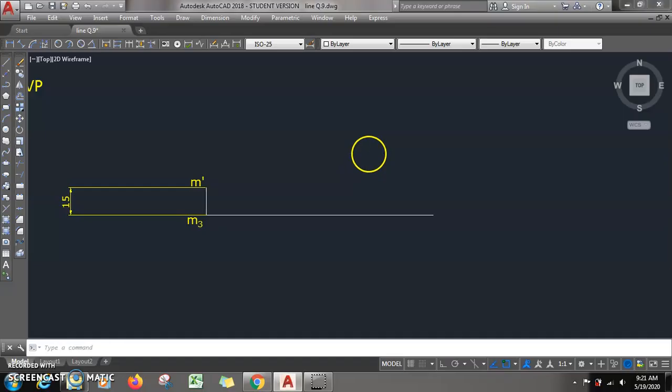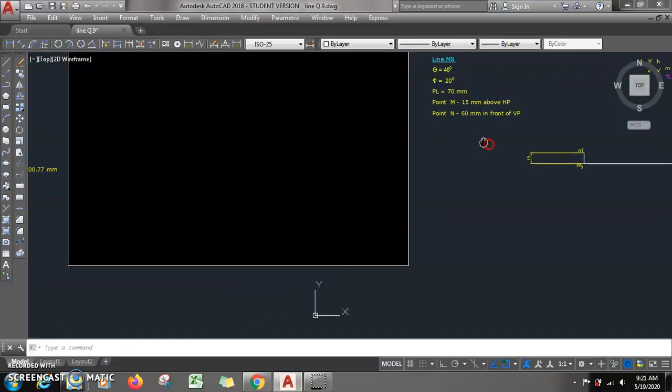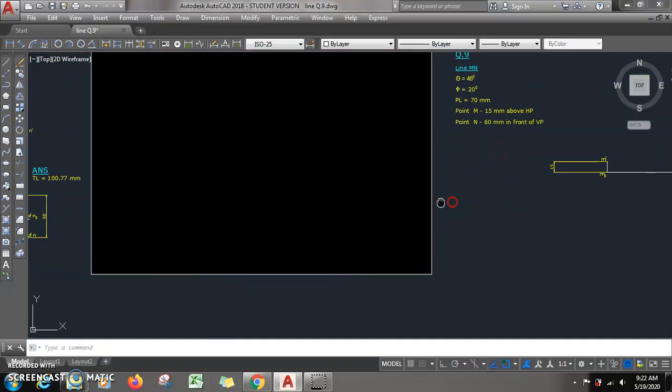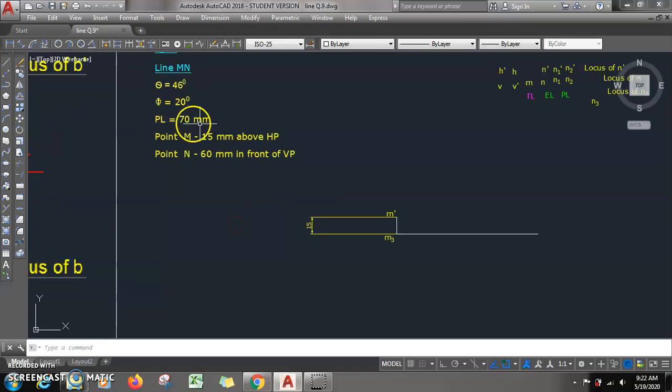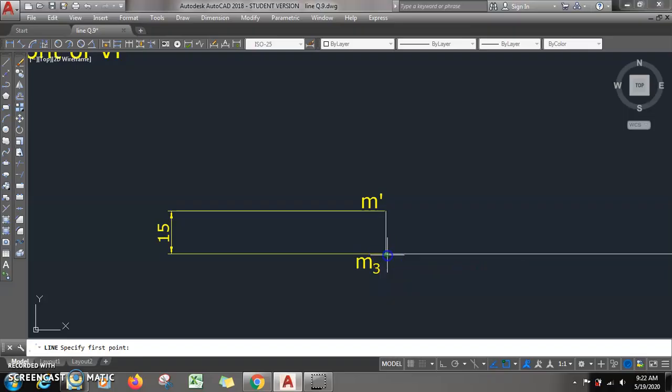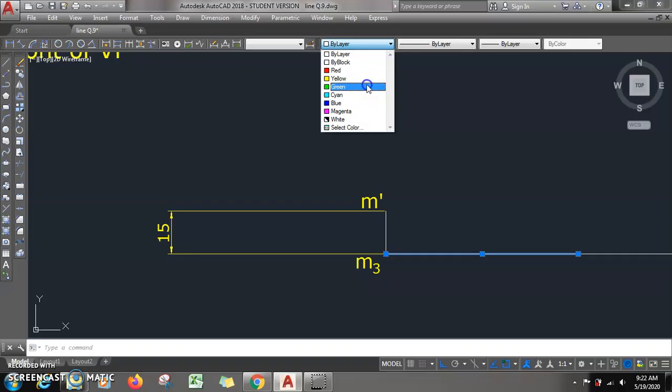Now once I have m3, the plan length is always marked parallel to XY. So on the XY line itself I will mark the plan length, which is 70. I will draw one horizontal line from point m3, with ortho mode on, of length 70. I can show this by a different color.